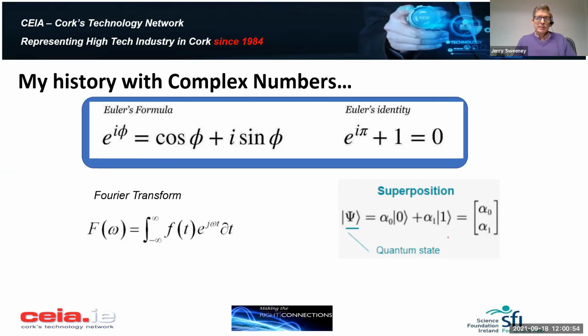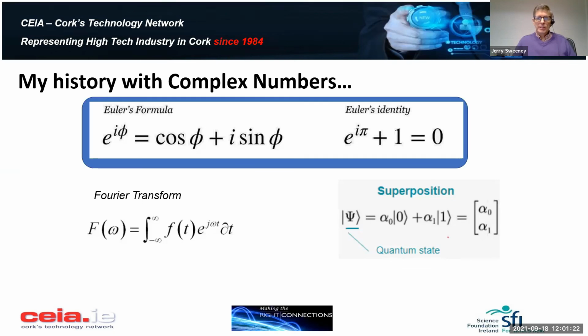to achieve results. So when I went to college, I studied electrical engineering, and we were introduced very quickly to Euler's formula. Euler's formula introduced i as a concept for dealing with waveforms.